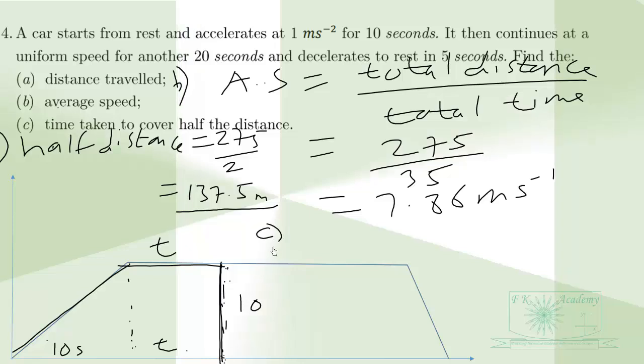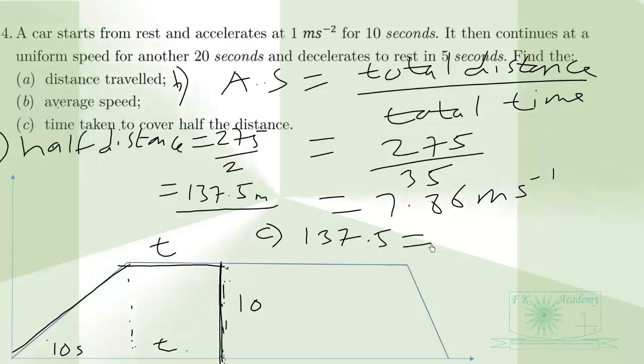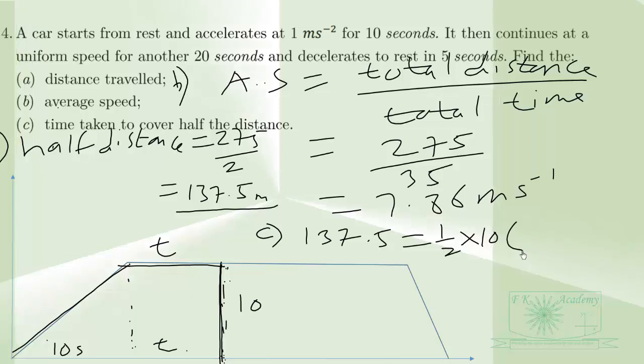So we are going to form an equation. The area of a trapezium is given by half, so 137.5 meters is equal to 1 over 2 times the height of the trapezium, which is 10, into the sum of the bases, T plus T plus 10.